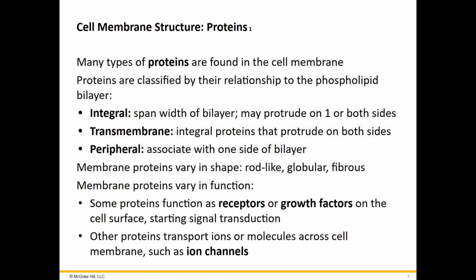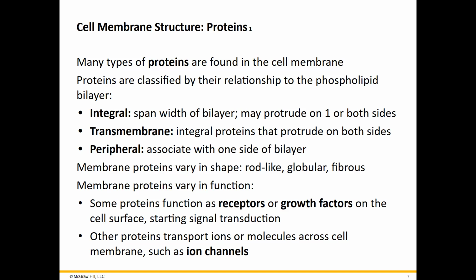If it protrudes on both sides, it is a transmembrane protein. So it is an integral protein that protrudes on both sides specifically. And if it's just a protein that sits on the membrane, either just on the outer layer or on the inner layer, then it's just called a peripheral protein.